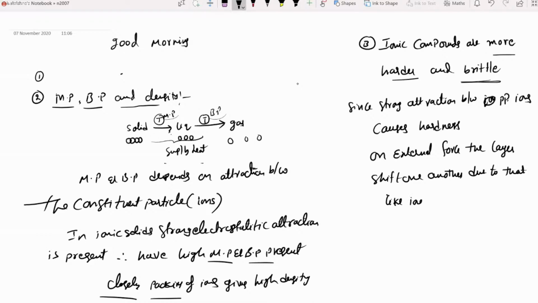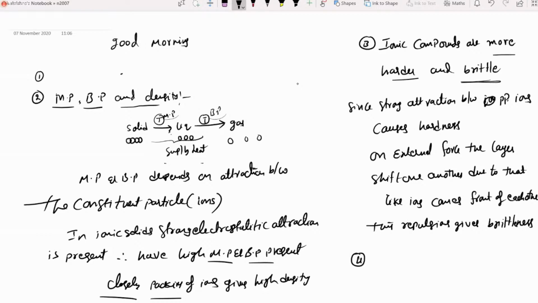Like ions come in front of each other. This repulsion causes brittleness. I think you understood. I am giving the reasons also.